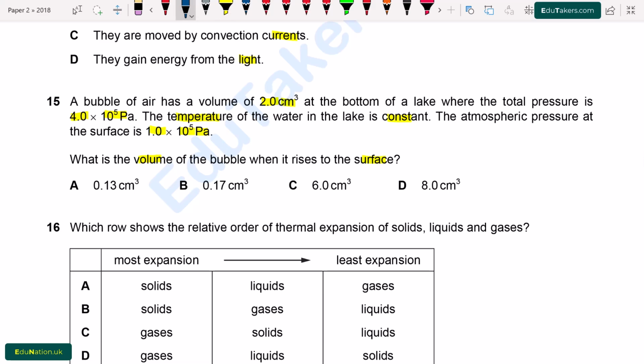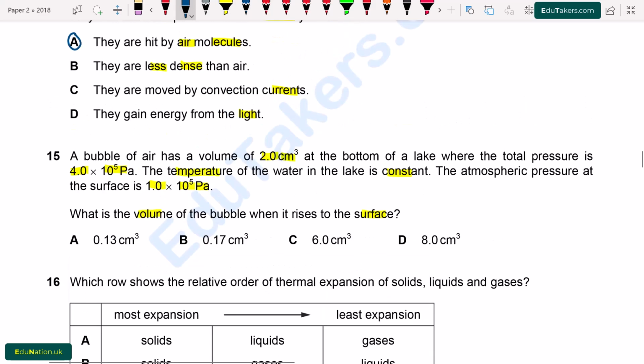Here we use Boyle's law because temperature is constant. So pressure is inversely proportional to volume. This is according to Boyle's law. We can simply write P1 V1 is equal to P2 V2. Here we have to find out the value of V2. It will be equal to P1 V1 over P2.